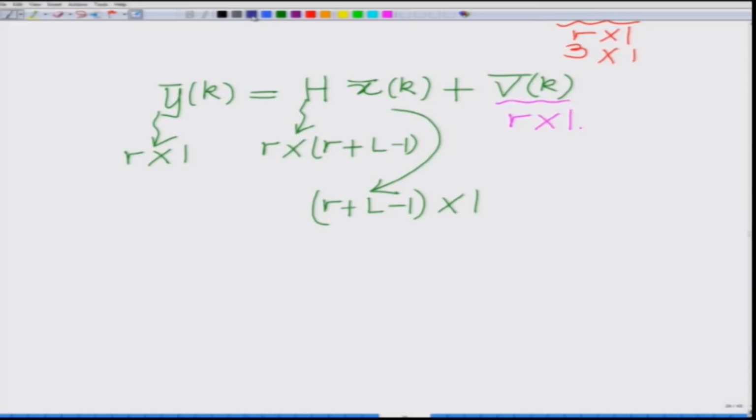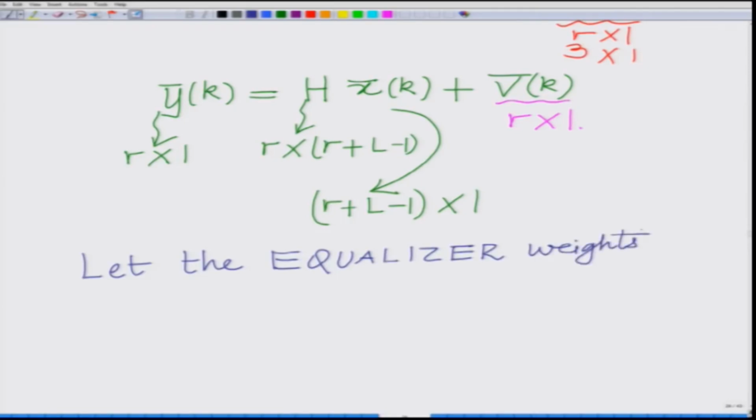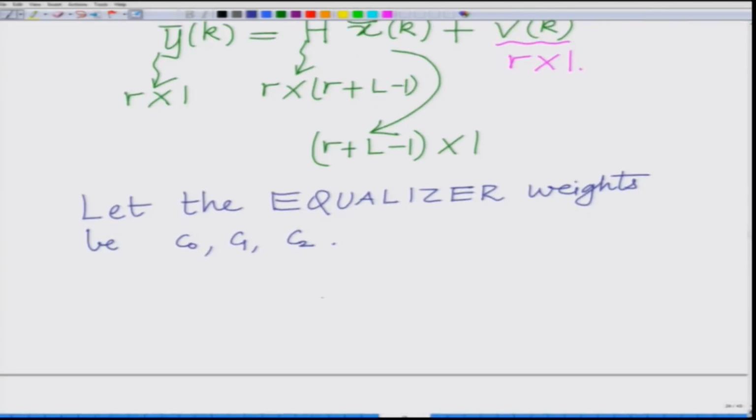So, let the equalizer weights, or the combining weights, be C0, C1, C2.